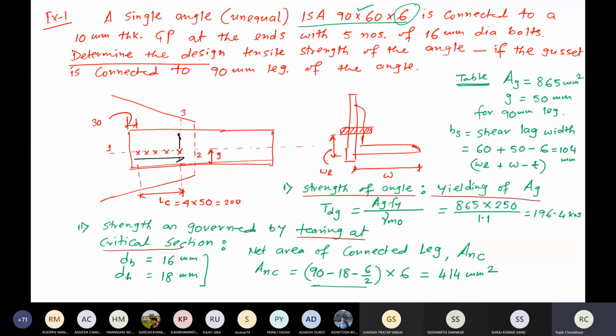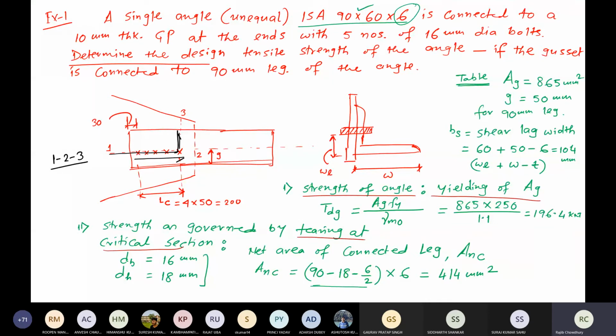So we have to identify where the failure plane would occur. If the same portion is getting out due to the block shear, then along this line 1, 2, 3, the failure would initiate.